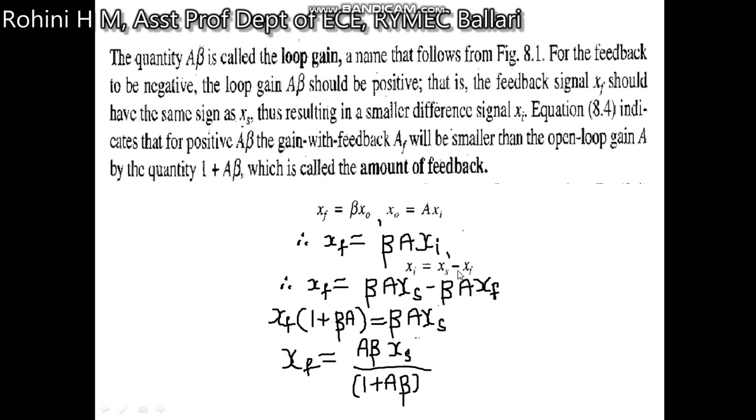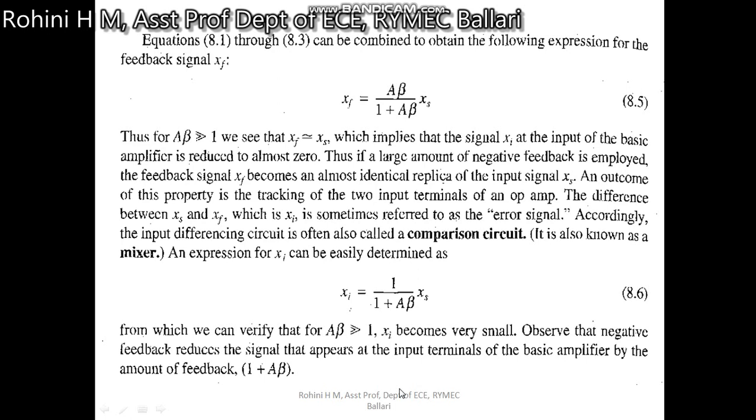Xi is the difference signal, that is Xs minus Xf. If I substitute in the above expression, we get this expression. I am sending the XF term to the LHS. So it remains 1, and since it is negative, on coming to the LHS it becomes plus A beta. On the RHS the first term stays as it is. So XF is equal to A beta into XS divided by 1 plus A beta. This is the term we obtained.